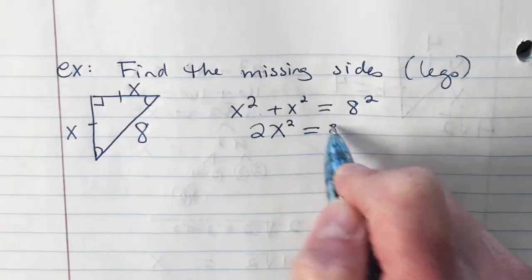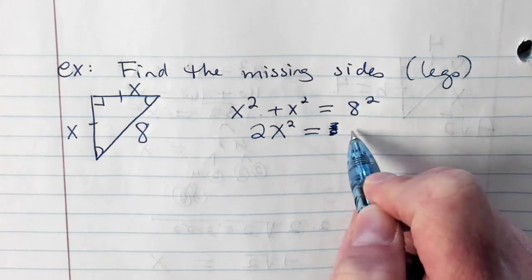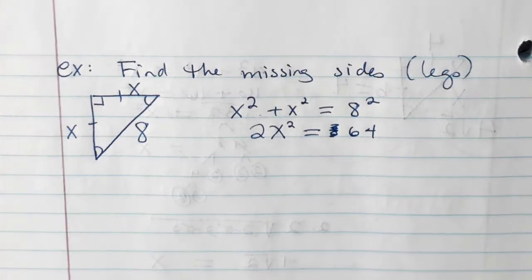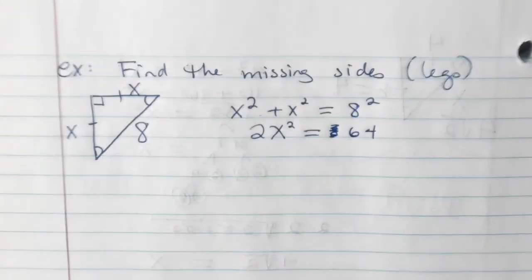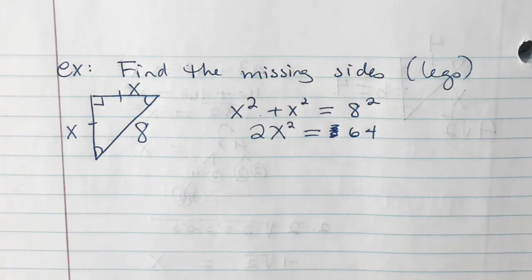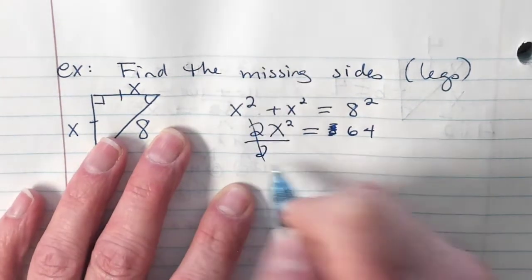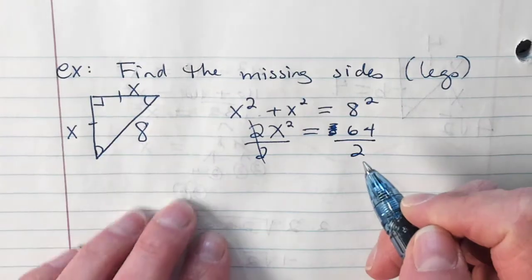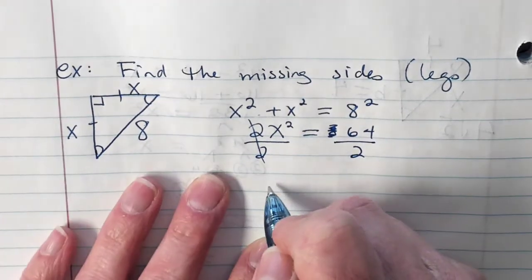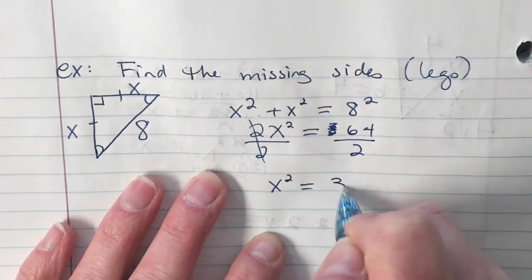So that's 2x squared. And I'm going to change 8 squared to be 64. Now we need to solve this equation, so we need to divide away that coefficient, that multiplier of 2. So we'll have x squared equals 32.